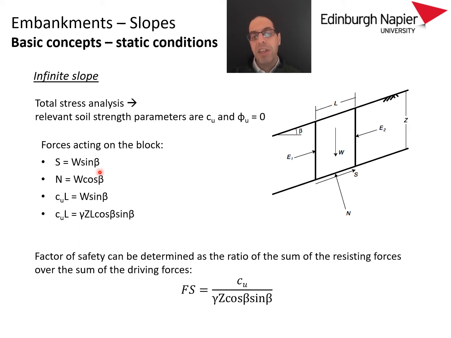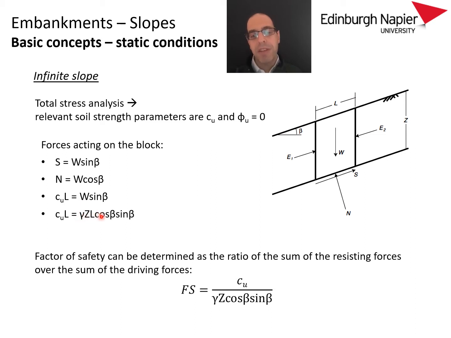And that's the key thing to the solution. If we consider the short term, this shear strength will be essentially the product of the undrained shear strength and the length of the slip surface that you can see here.